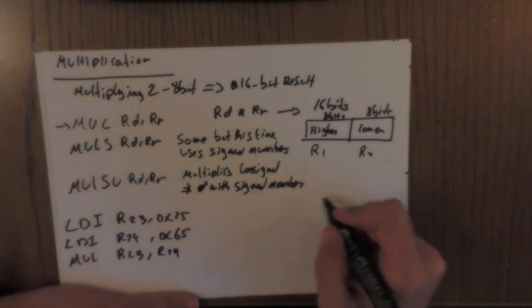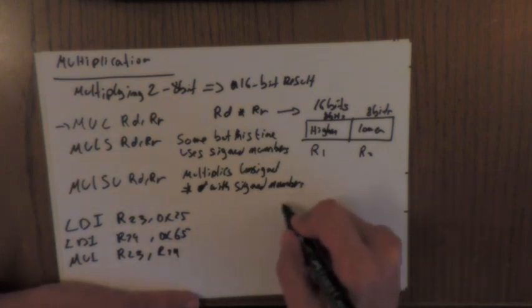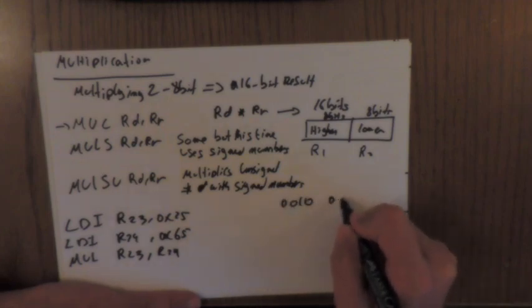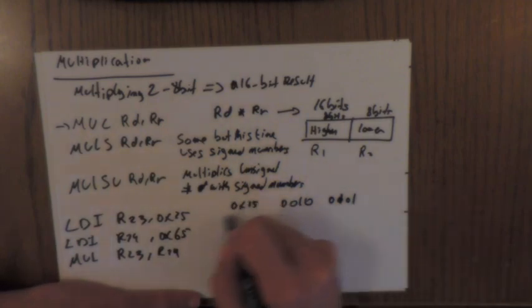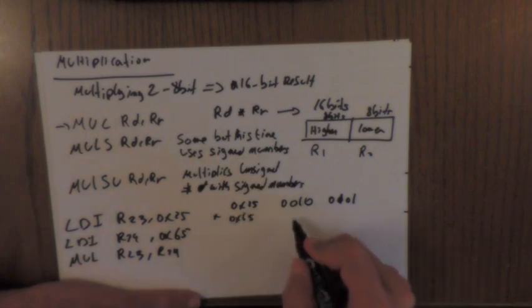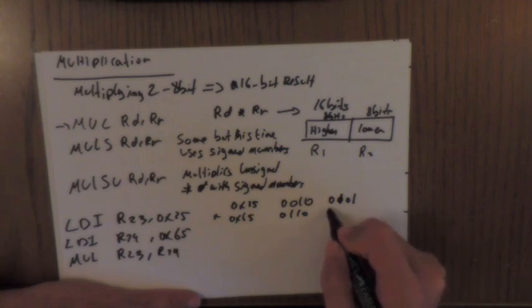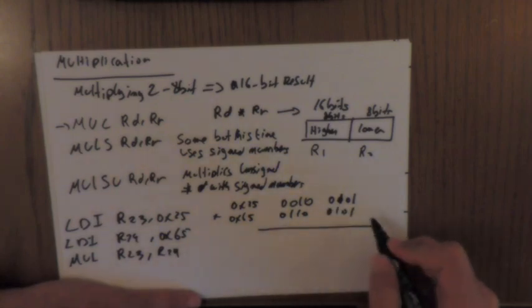We have 0x25 times 0x65, and the result of this multiplication will be as follows.